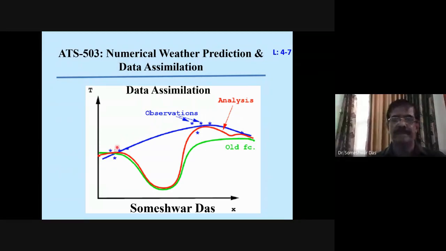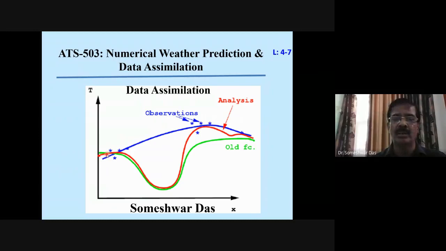So once the new observations have come, you consider the observations to be equivalent to the truth, or closest to the truth. So our aim is to bring this green line, which is the first guess or background field, close to the blue line, which is the observation or so-called truth.